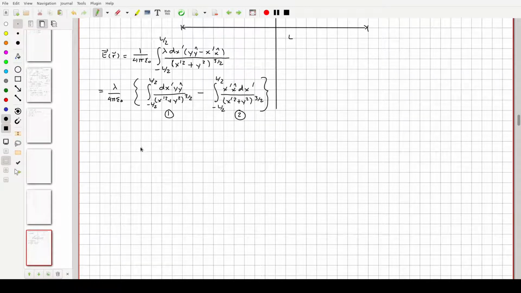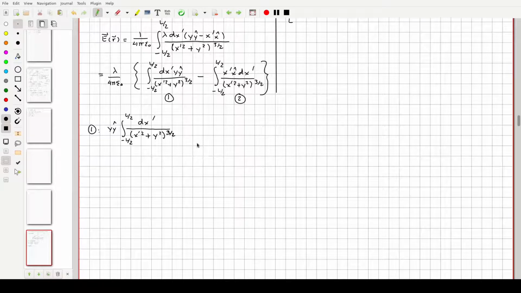So let's take a look at the first integral. It looks like this. It's minus L over 2 to L over 2. The y and the y hat come out. Remember, those are constants. We have a dx prime over x prime squared plus y squared raised to the 3/2 power.